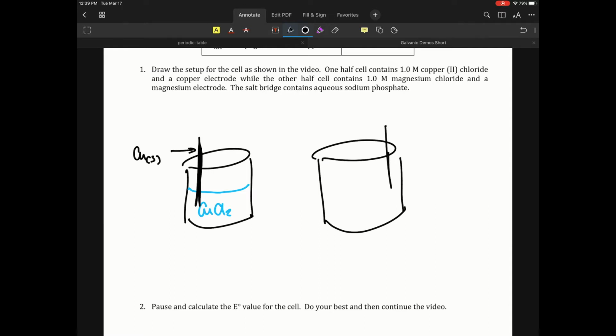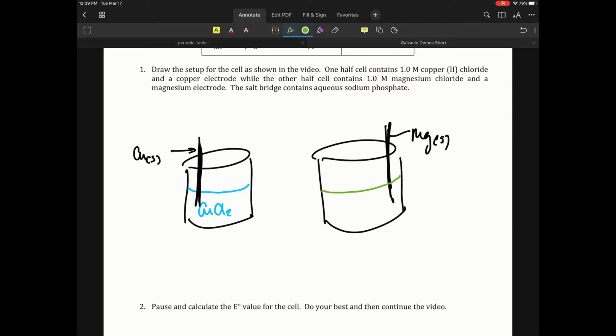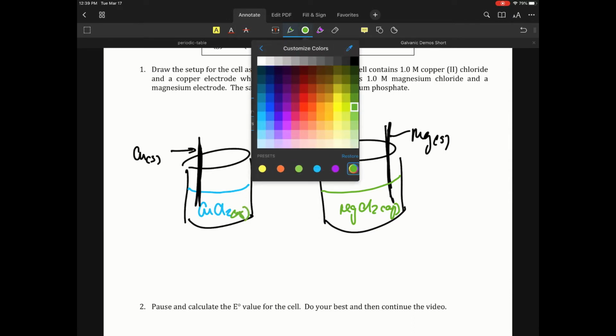And over here we had a magnesium electrode submerged in our MgCl2 aqueous. Clearly it's not green. This is also aqueous.